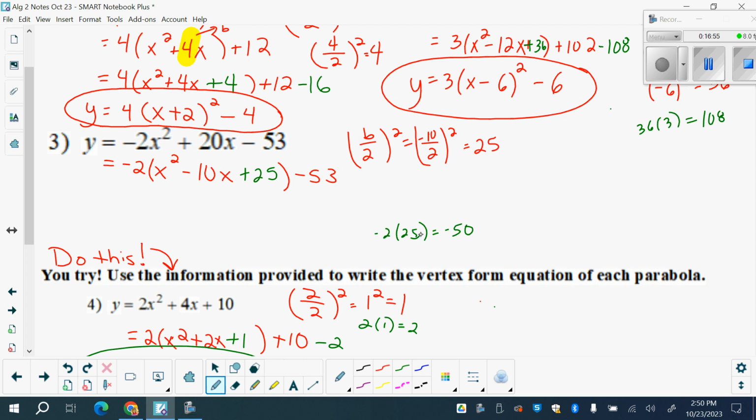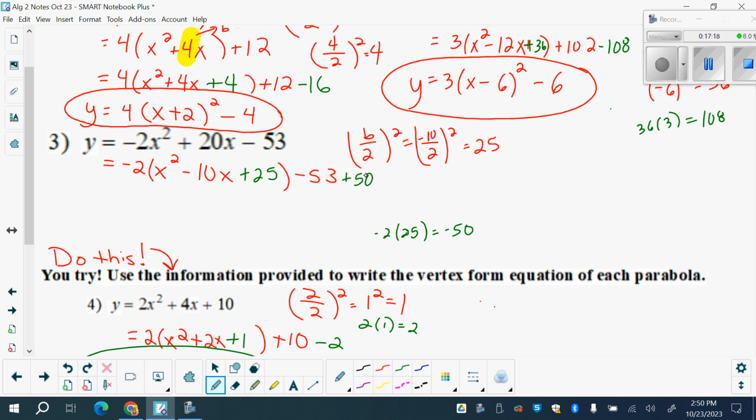So what we did is we really added over here, we added a -50. So how do we want to offset that over here? +50. Does that make sense?